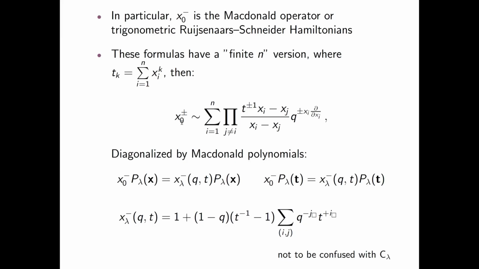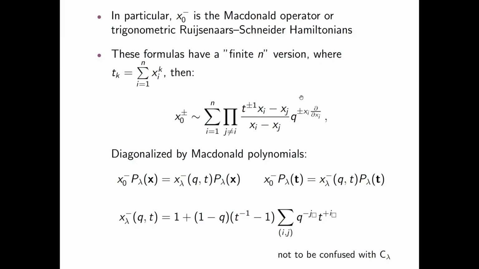It has a finite n version if we put these t variables to be actual power sums of some auxiliary variables x_i. Sorry, there's just a lack of letters; these x_i's have nothing to do with the operator.